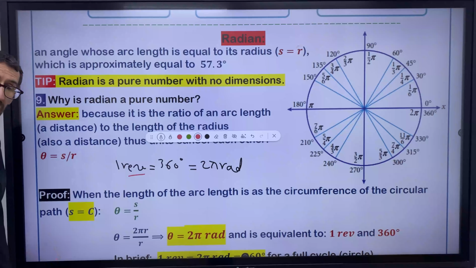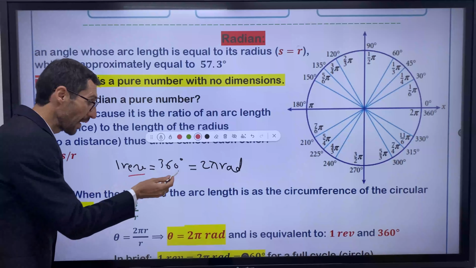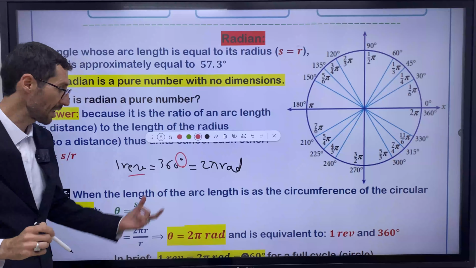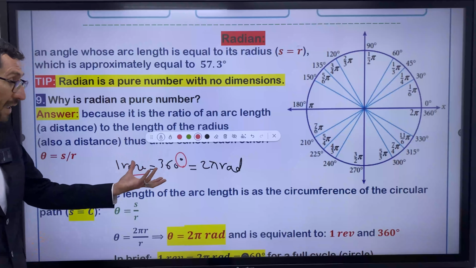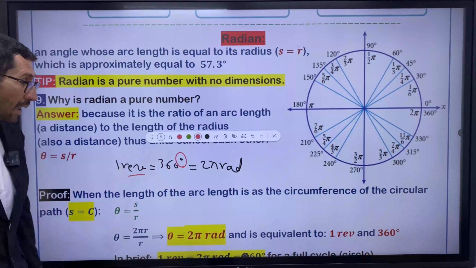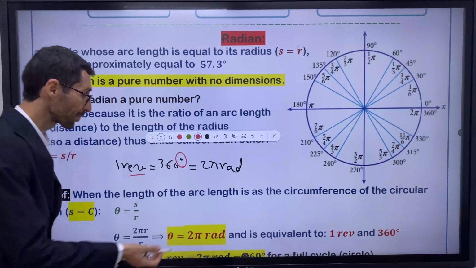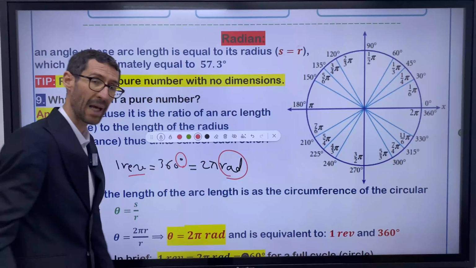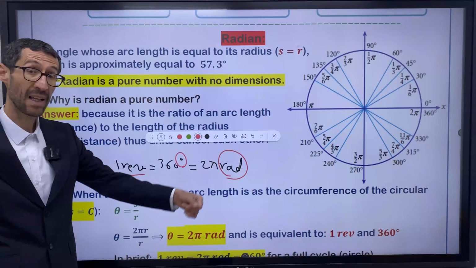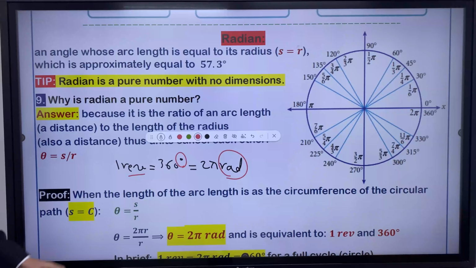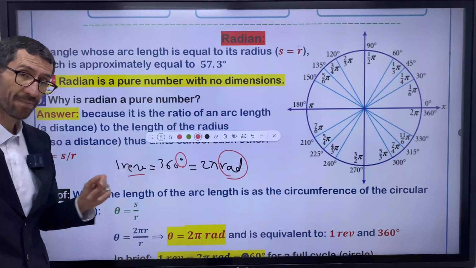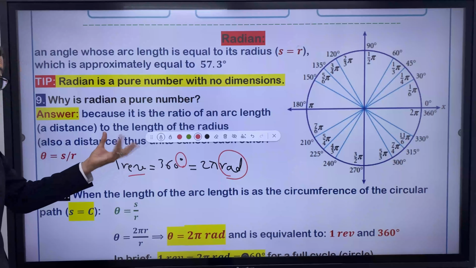Rev, a full circle or full cycle. Degree, the common and old measurement for angle. And rad is a new one, and this one is valid in SI. So we connected these measurements.